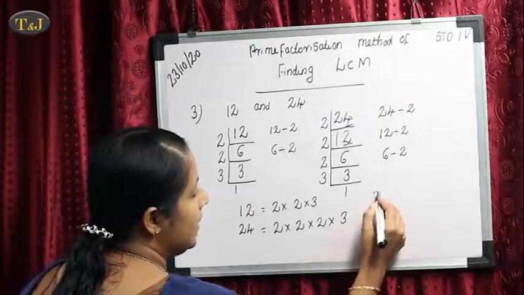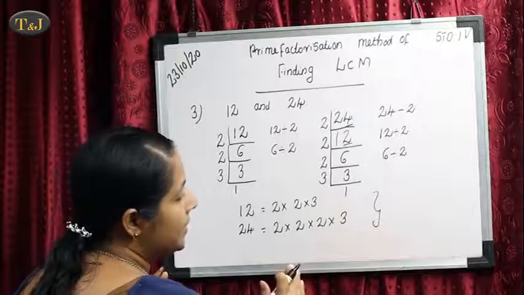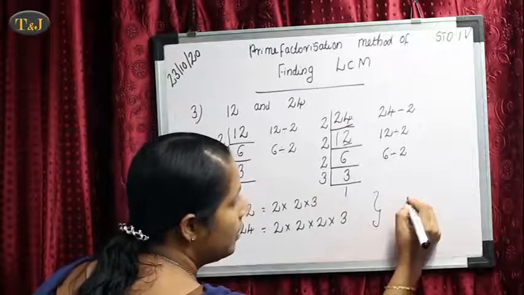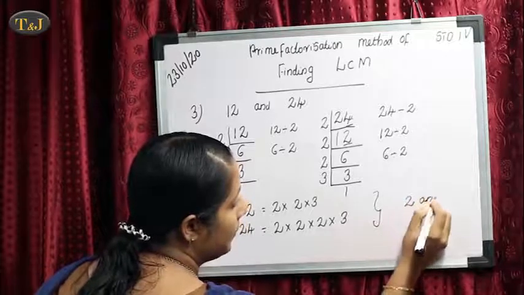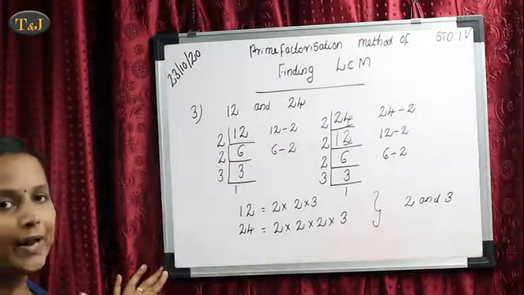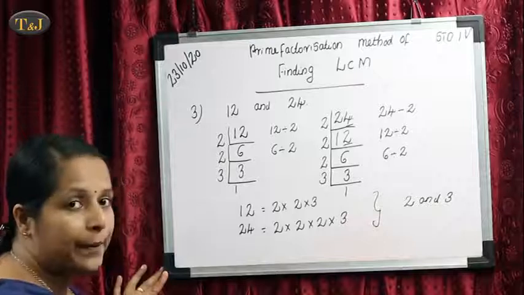Before that we are selecting the prime numbers of 12 and 24. The prime numbers of 12 and 24 are 2 and 3. Okay. Then our LCM means that it is the product of prime numbers that are appearing the maximum number of times.